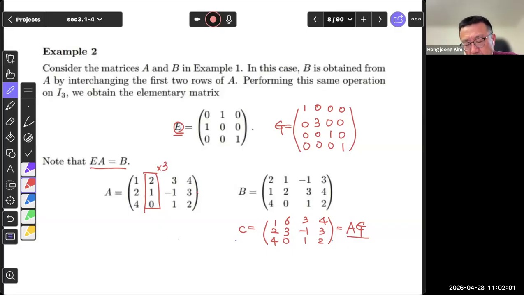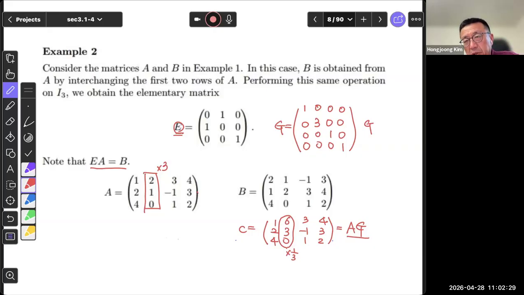Now, given this G matrix, how can I go back to A matrix from C? You can go back to A if I multiply 1/3 to my second column of C matrix, right? So if I multiply 1/3 to the C matrix, you go back to A matrix, right?